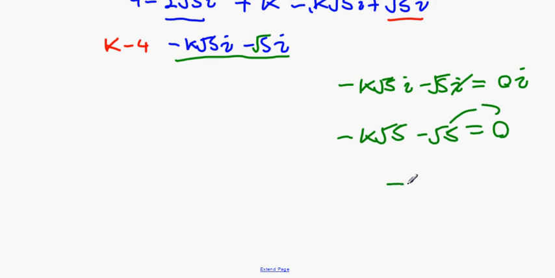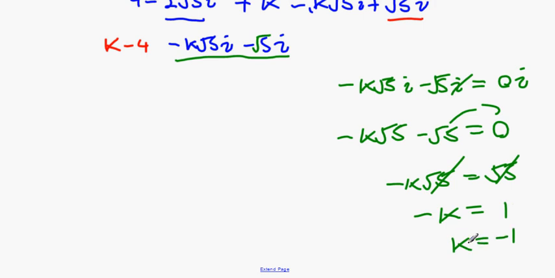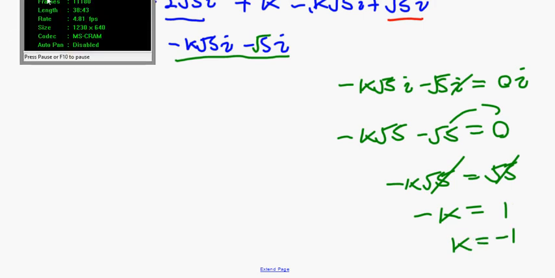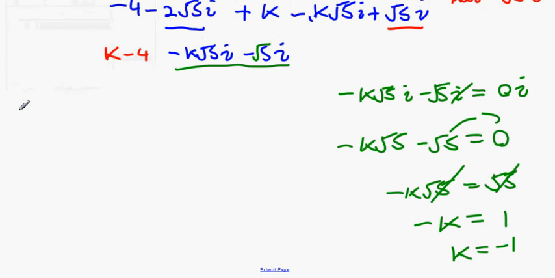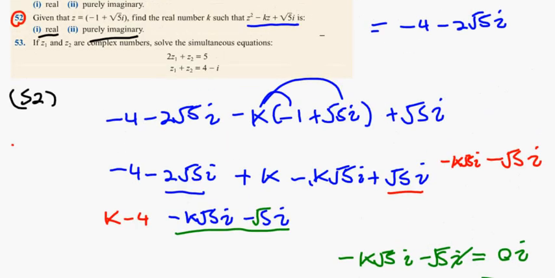It doesn't exist, so the i's cancel. Bring the root 5 over the other side, and we get minus k root 5 equals root 5. Cancel off the root 5s off both sides, we get minus k equals 1. K equals minus 1. K equals minus 1 is the correct answer.